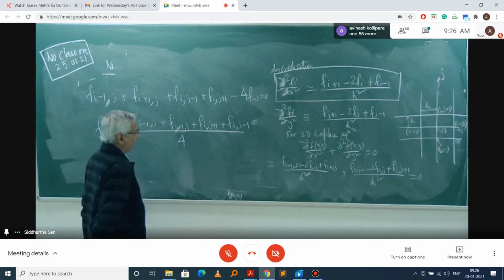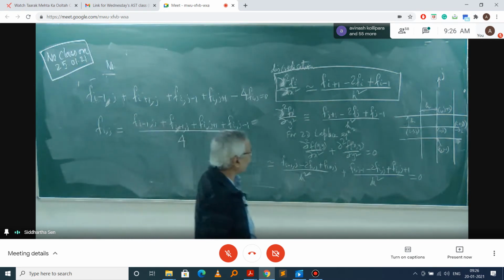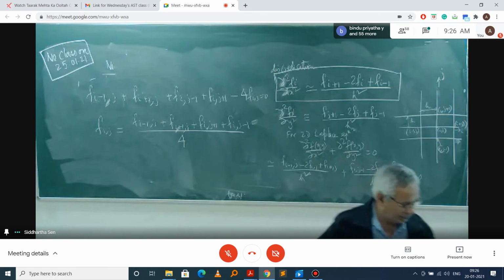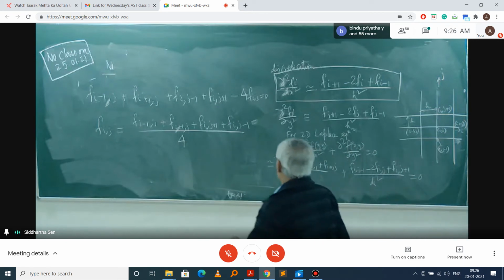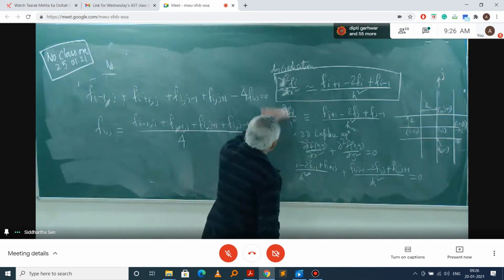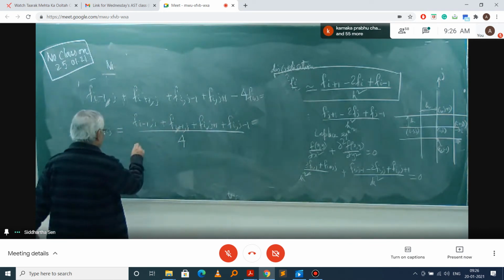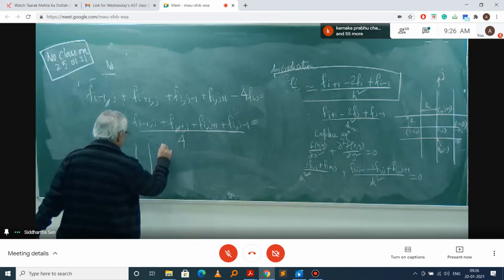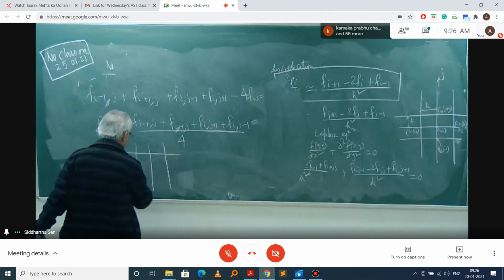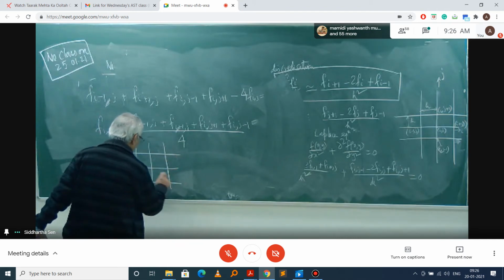4. So if I know the potential, or the function value of that function, in a grid like this, this is your I comma j.